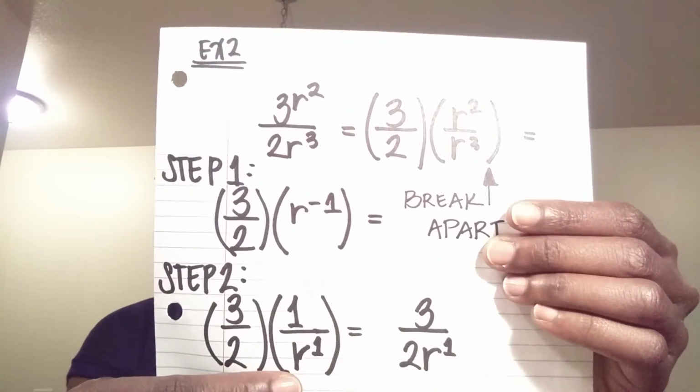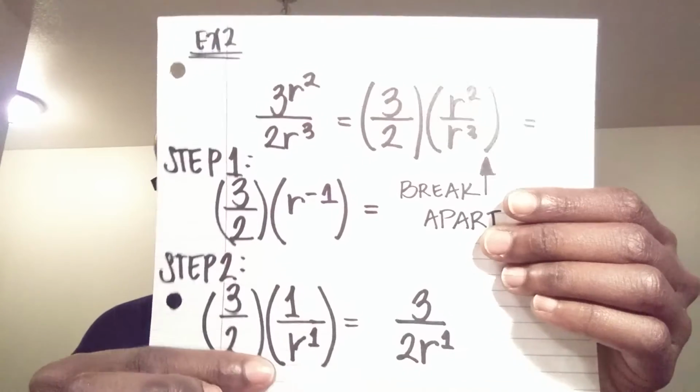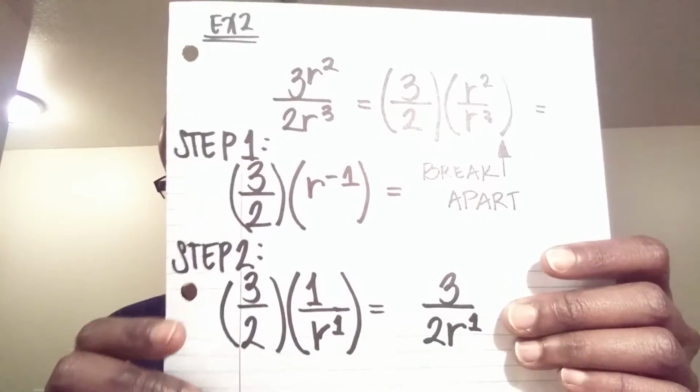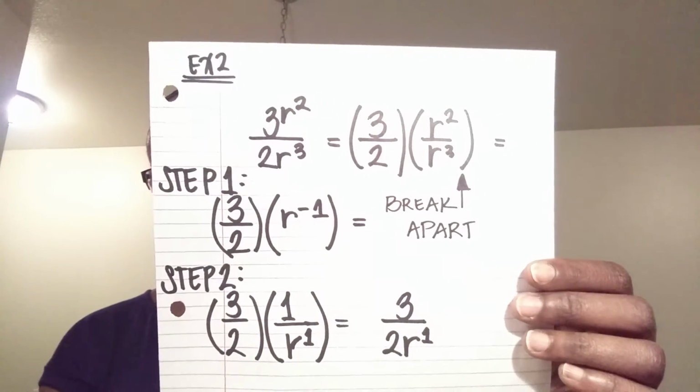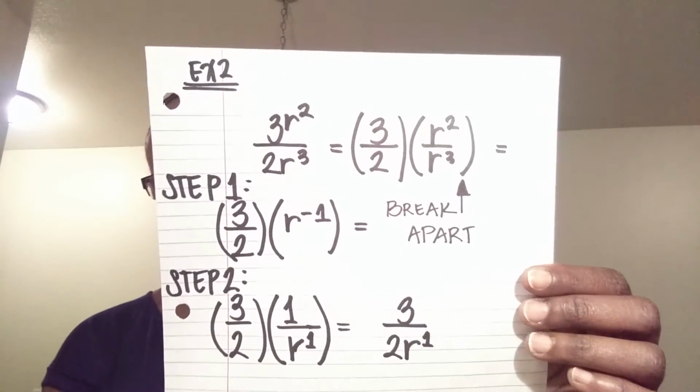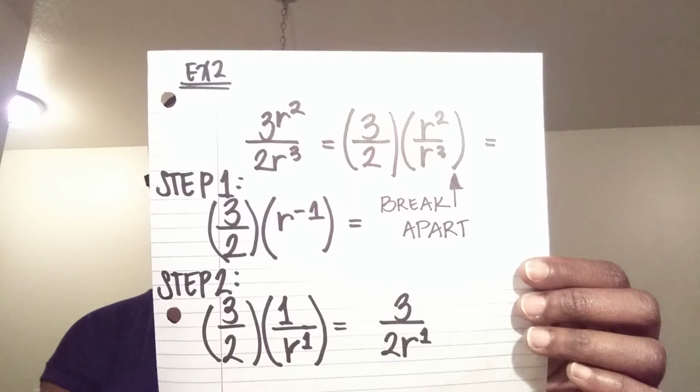It should look like this. And then it breaks down to 3 over 2r. And that is all we have left.